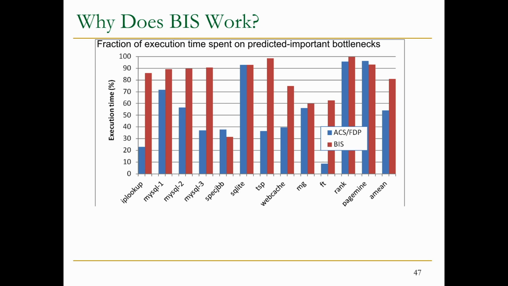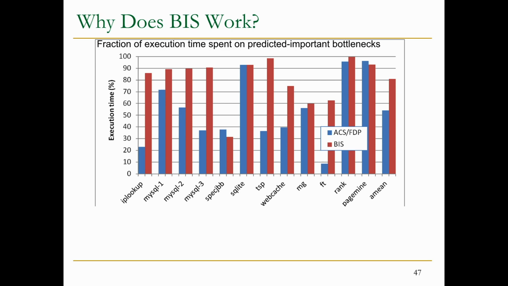So we look at the fraction of the execution time spent on predicted important bottlenecks with the different mechanisms. You can see that ACS and FDP spend about 50% of the execution time on predicted important bottlenecks, critical sections. BIS increased that to 80%.